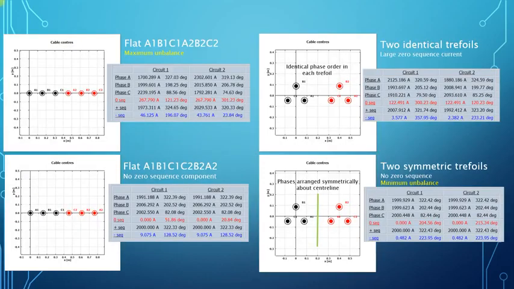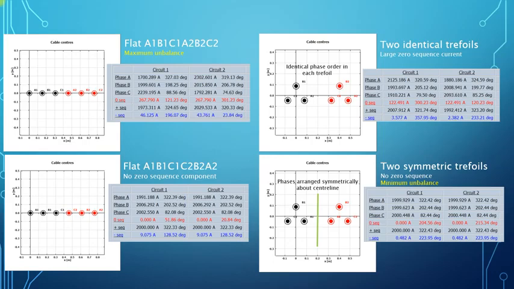So, summarising the examples that we've looked at, if we have a flat formation ABC, ABC, we have a strong zero sequence current. And this configuration has the largest unbalance of all those that we have considered.